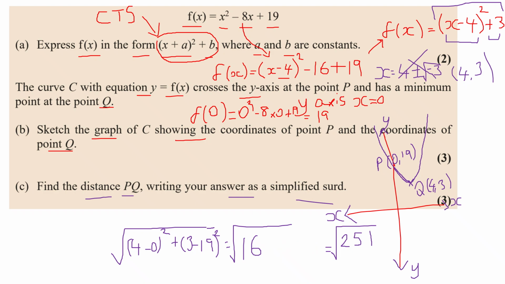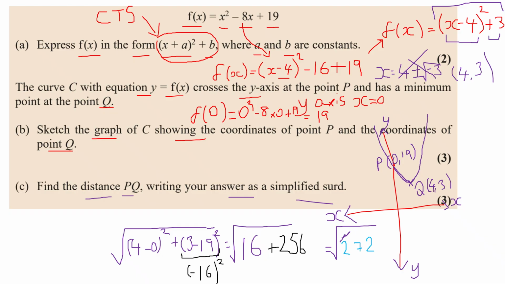That should be minus 16 all squared, which is plus 256. 3 minus 19 is minus 16, not minus 15, and then I square it and get 256. Add 16, and we get 272.